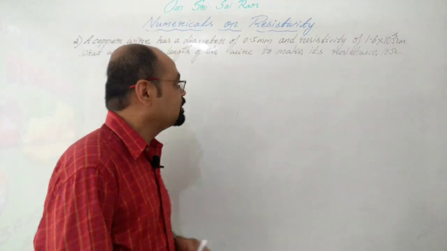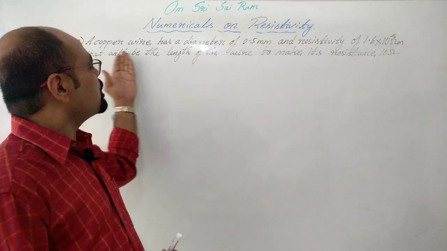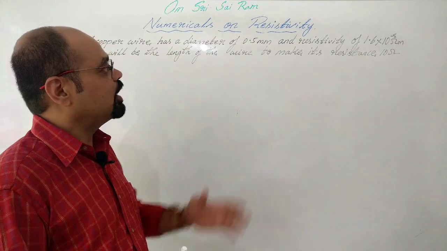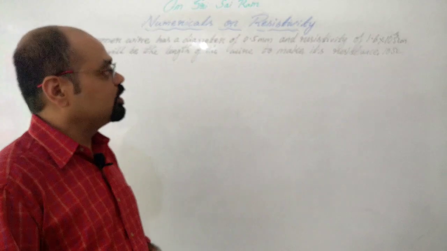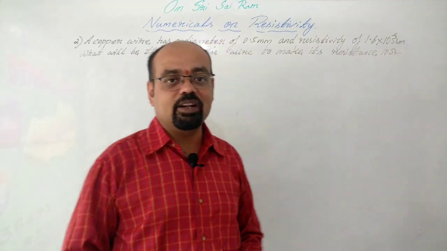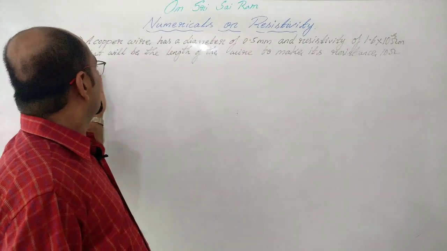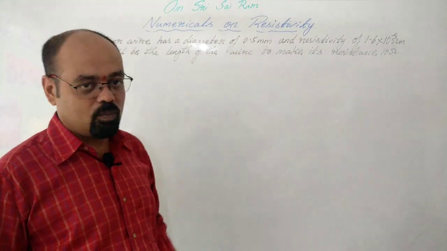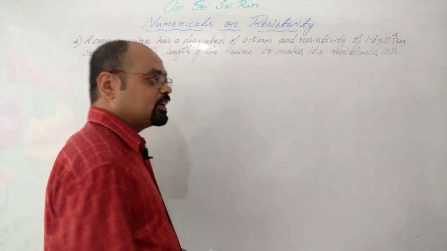Here's the question. A copper wire has a diameter of 0.5 mm and a resistivity of 1.6 × 10^-8 ohm meter. What will be the length of the wire to make its resistance 10 ohm? So let's write the given first.